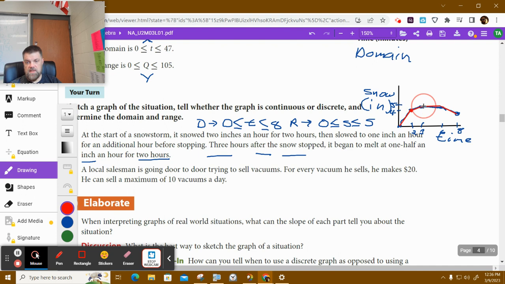So we got this point here, this point here, this point here, and this point here. Does that make sense? Okay. Now, is this discrete or continuous? This is continuous. Discrete will have a bunch of dots.